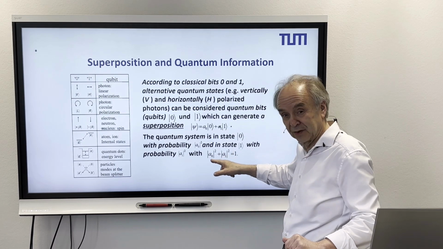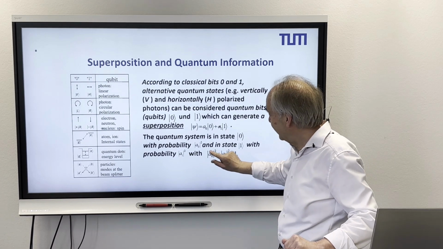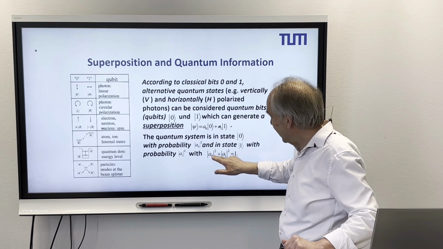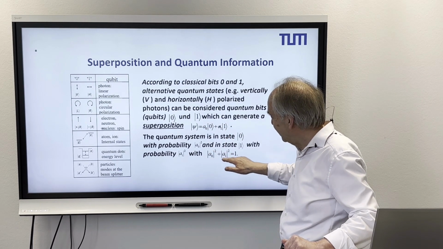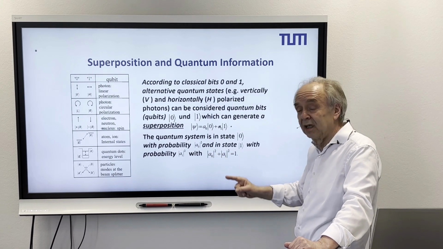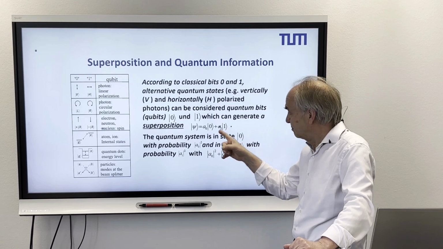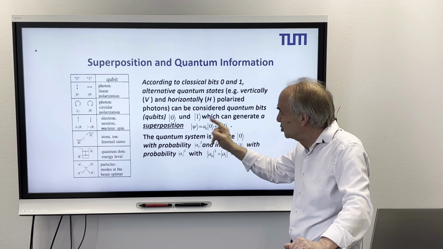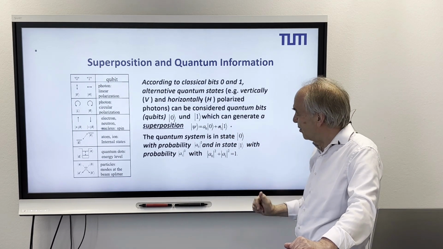Here, that is Pythagoras, nothing else. And these are these components here. That means you can interpret now this equation. That is a measure for the probability. It indicates the distance to the coordinates.